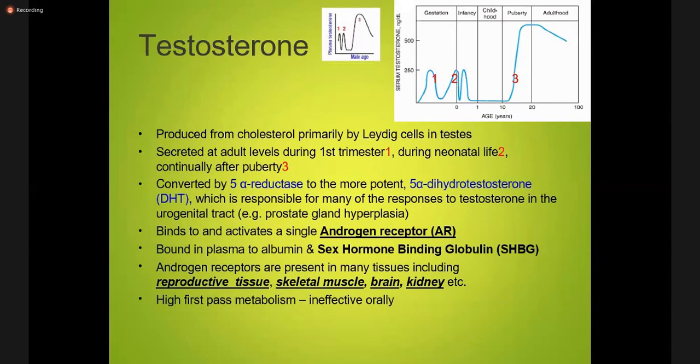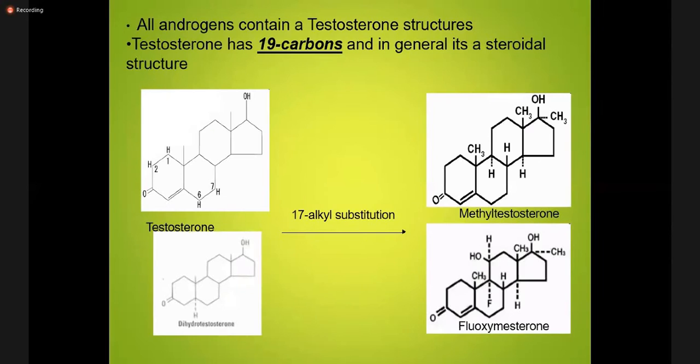Testosterone itself is not easily absorbed from the intestine, but other derivatives of testosterone can be taken orally. The structure of testosterone, of all the androgens, is basically steroidal in nature. So it's the typical steroid structure you can see, and they are 19-carbon compounds with a steroidal structure.